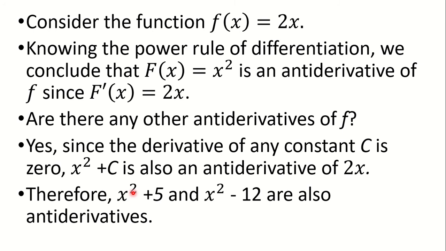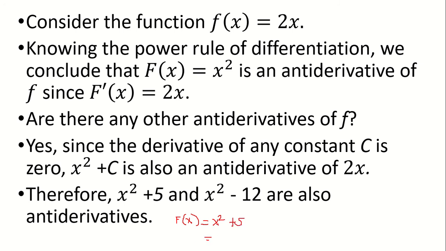Therefore, x squared plus 5 and x squared minus 12 are also antiderivatives. So, kasi kapag dinifferentiate natin yan, for example, this is capital F of x is equal to x squared plus 5.